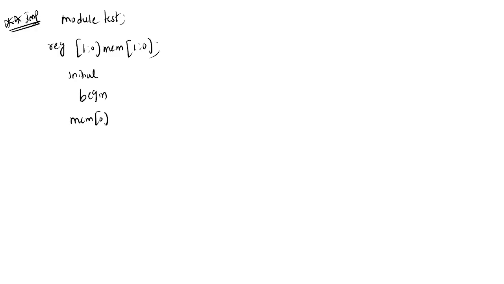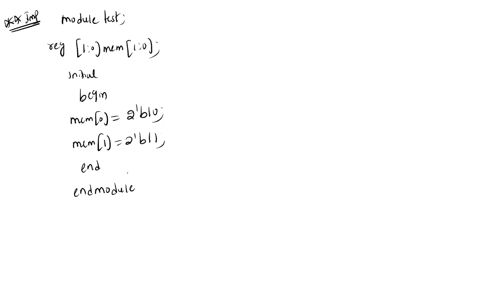I'm writing module test, reg [1:0] mem [1:0], and initial begin, mem[0] = 2'b10, mem[1] = 2'b11, end and end module.